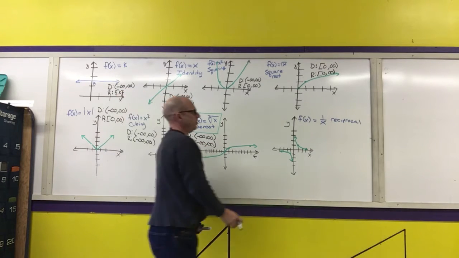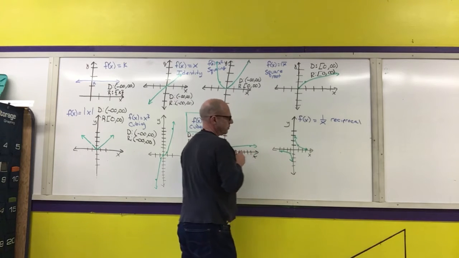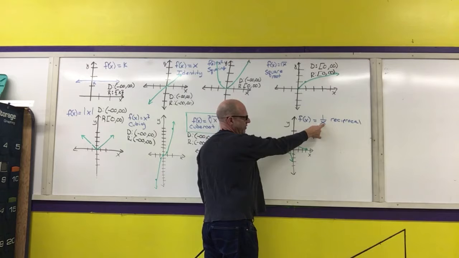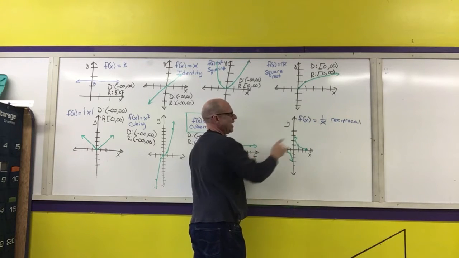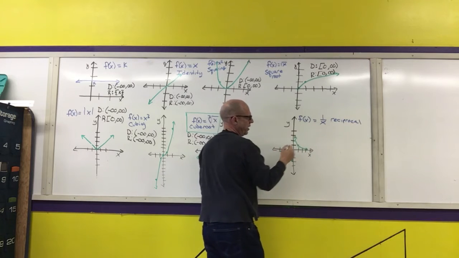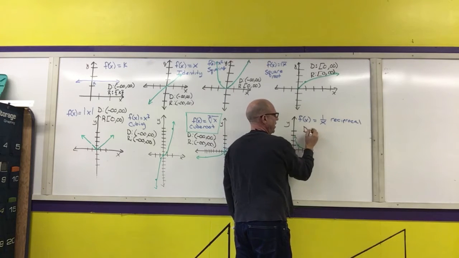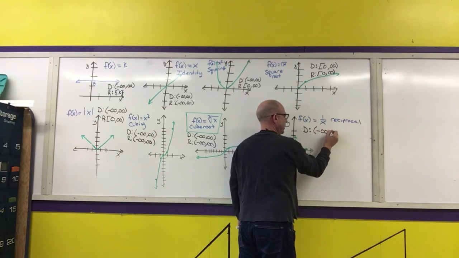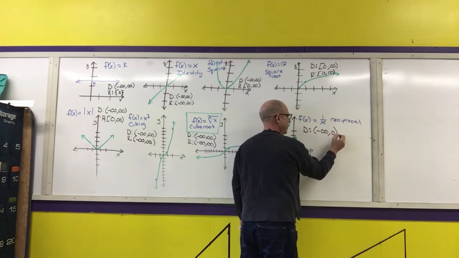The reciprocal function is not a polynomial function. What I see is I can put any negative value for x in here I want. I can put any positive value in there for x I want, but I cannot put a 0 in for x. So the domain is every negative number, so negative infinity to 0, non-inclusive.